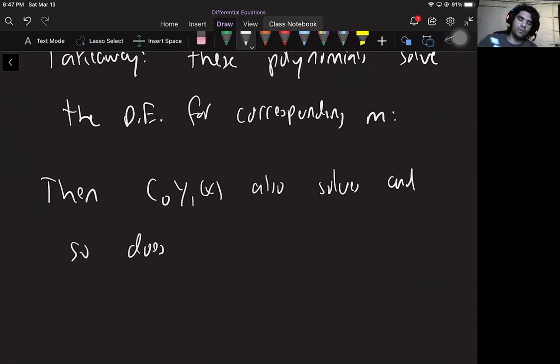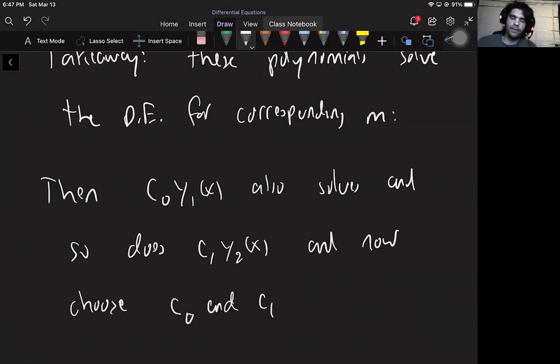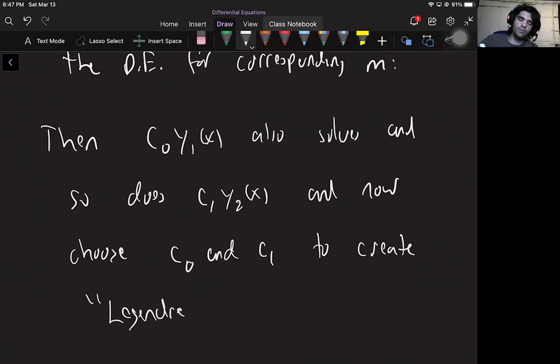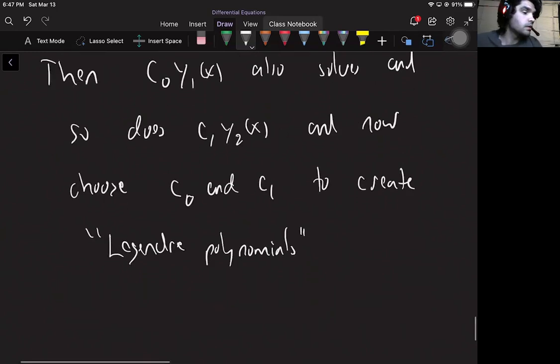And so does C1 y2 of x. And what people do now is they choose C0 and C1 to create something called Legendre polynomials. So they pick it according to m.